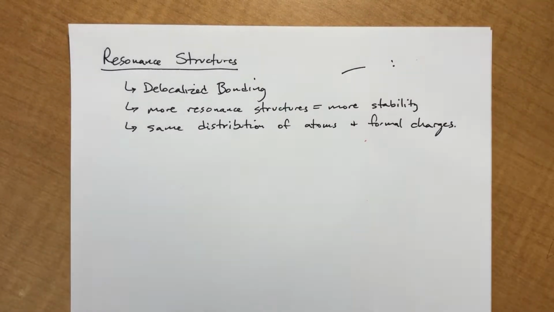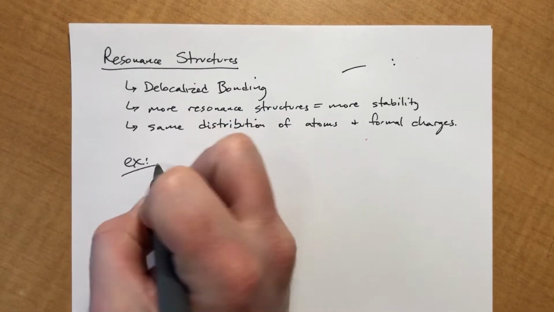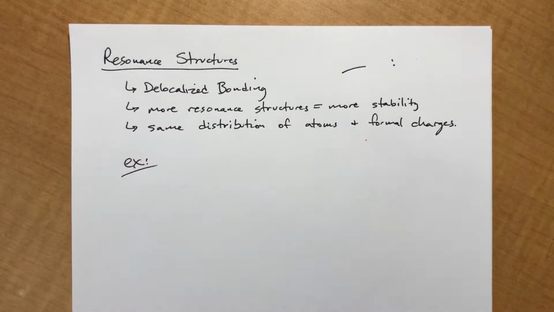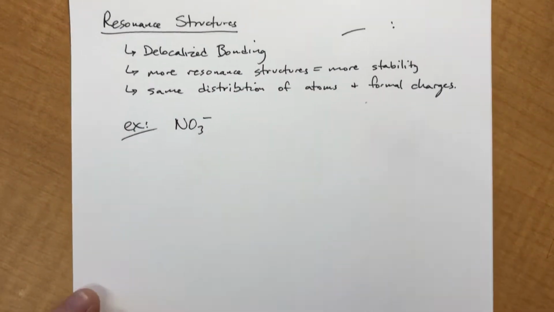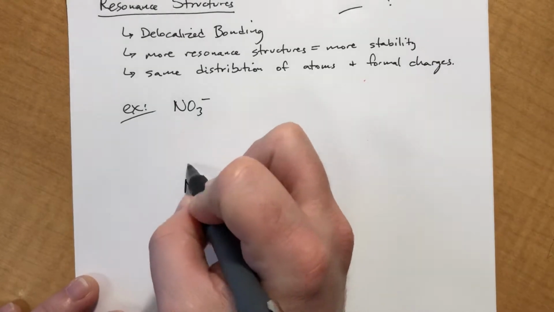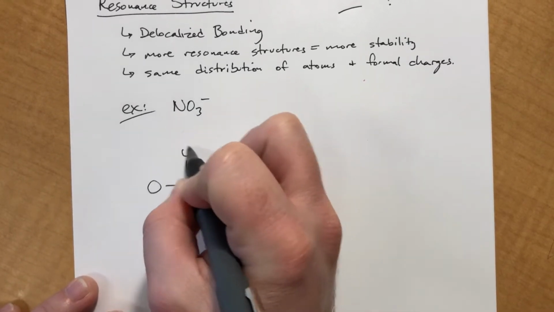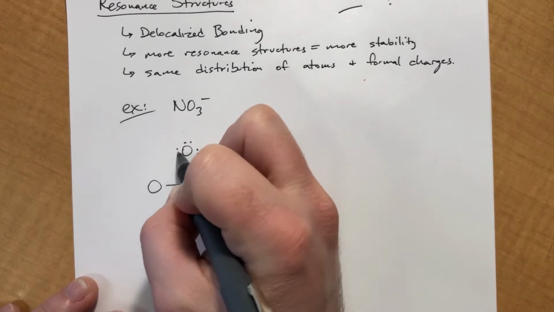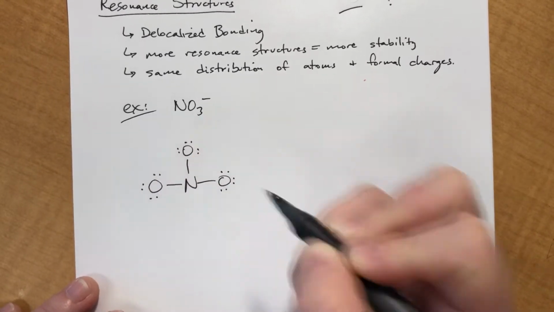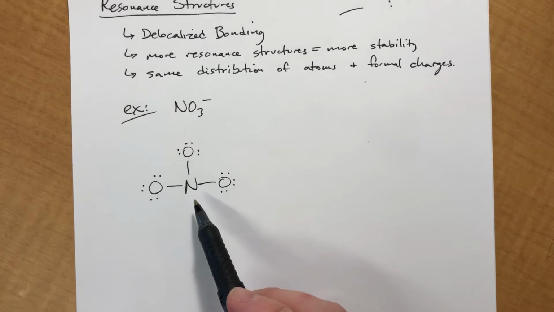Okay. So let's just look at an example. An example we did in the last video was nitrate. And what we did was we got to the point where we had this. If you don't remember how we got to this point, please go look at the previous video. But we got to the point where we needed to make a double bond on this nitrogen.